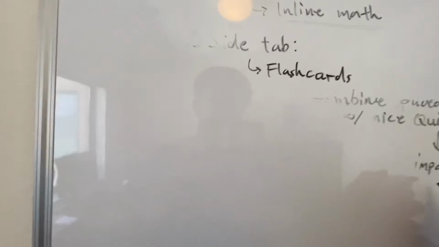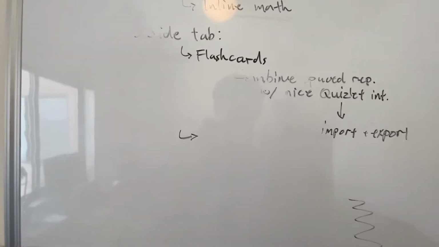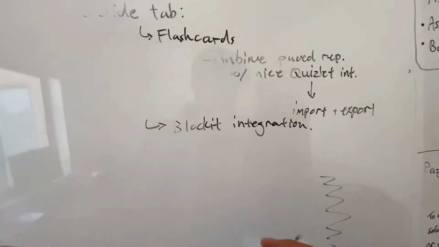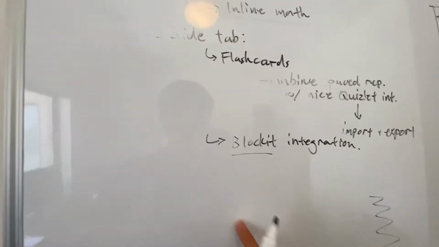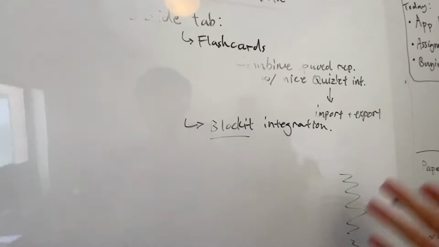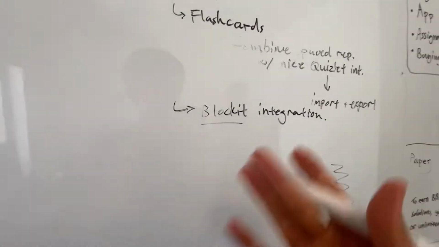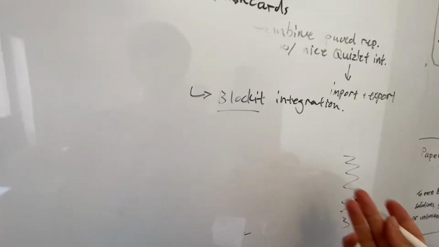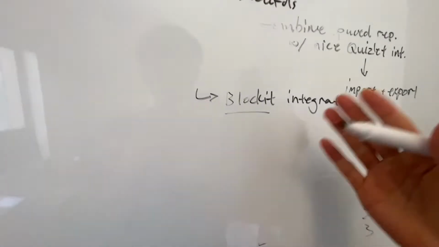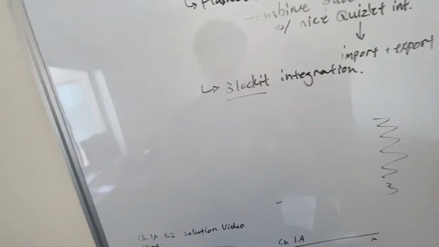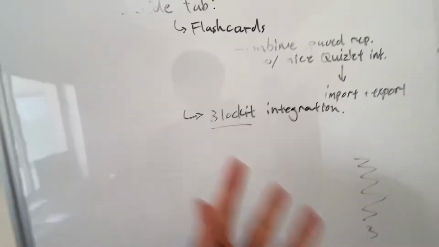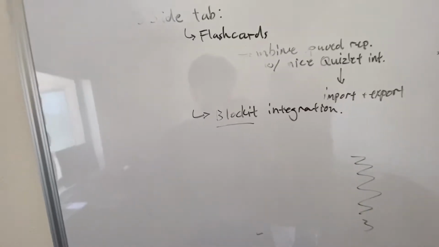The side tab is also going to have integration with the scheduling app, which is called Blockit. Blockit is a play on words of bucket, because the idea is that you have buckets during the day, and when you get new tasks and people tell you, oh, you have this due on whatever day, you just throw it into the bucket, and then you do the organization later at a designated time so that you're not wasting time or not focusing in class because you have to write down your homework, you know?